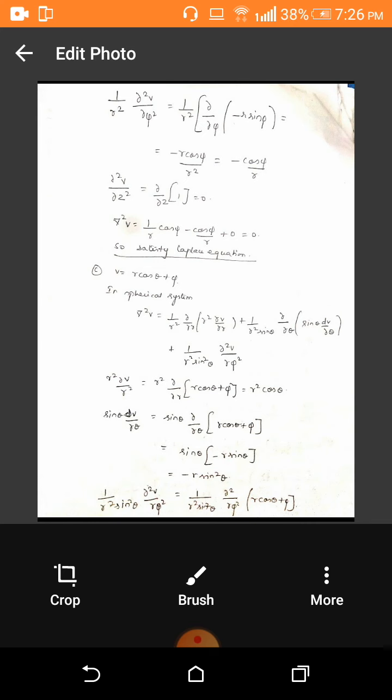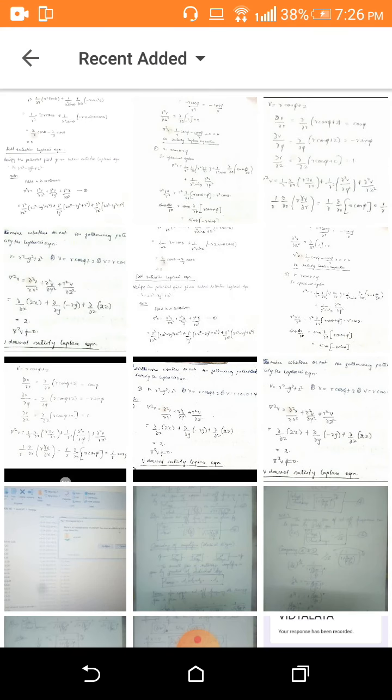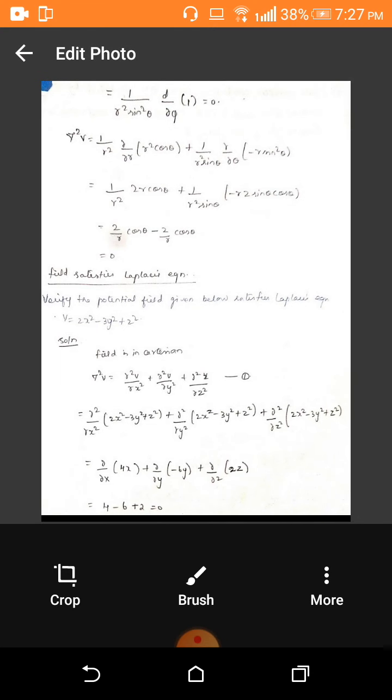And next what we are going to find? 1 by r square sin square theta dou square V by dou phi square. So 1 by r square sin square theta dou square by dou phi square into your V term. So that will be equal to 1 by r square sin square theta dou by dou phi into 1, which will be equal to 0.